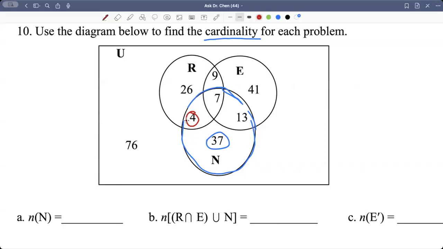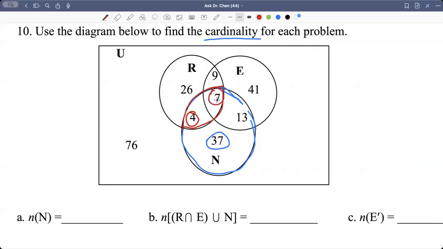So 4 represents the intersection of R and N. And this 7 is also in the intersection of R and N, because the intersection is this part, the red part. So this 4 means only in the intersection of R and N.